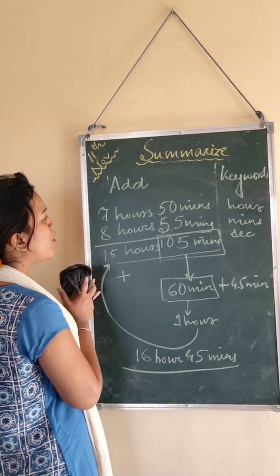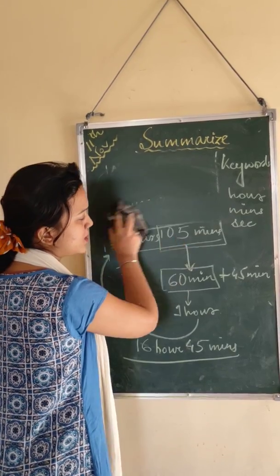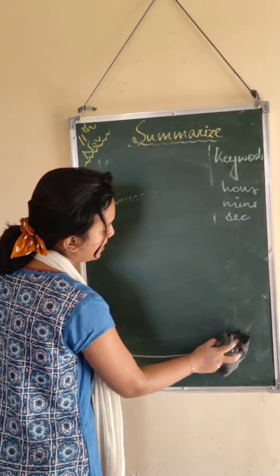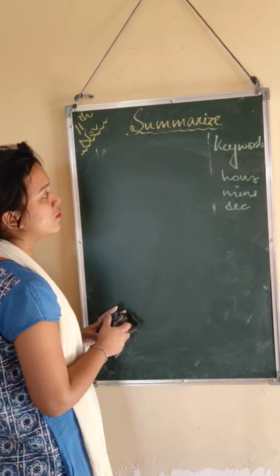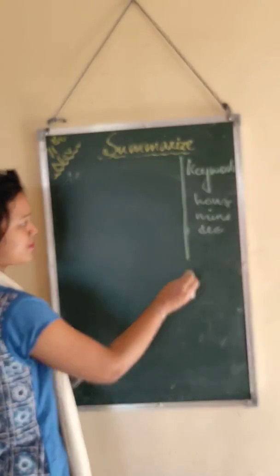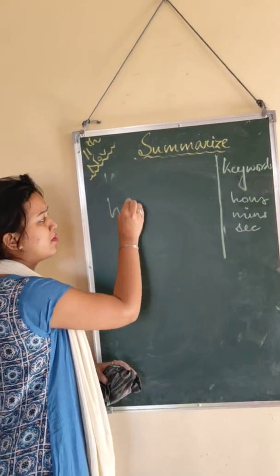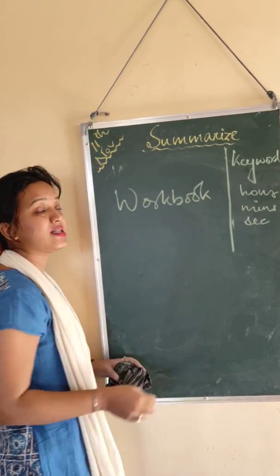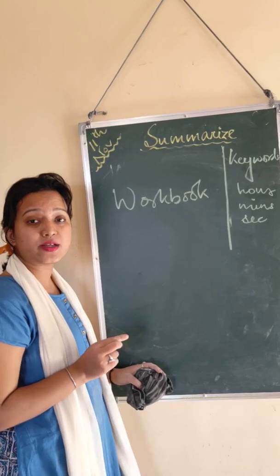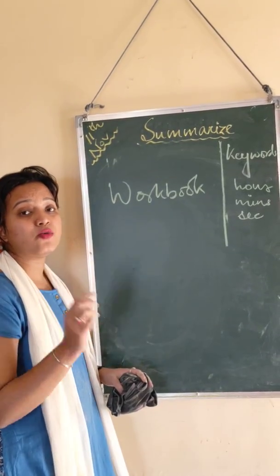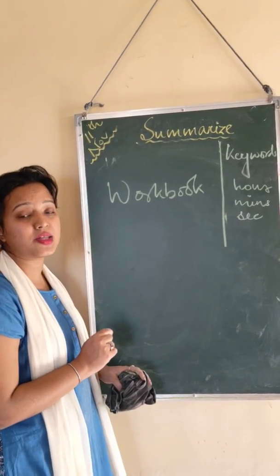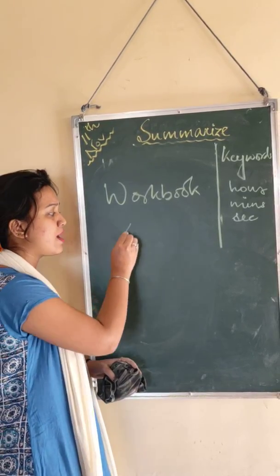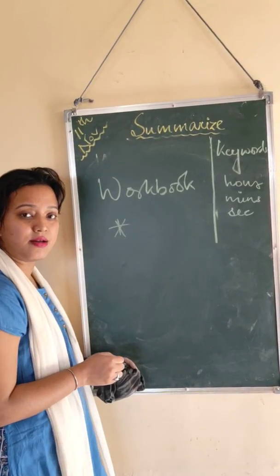So these are the small types of questions that we have gone through in this chapter as of now. Okay. So what you have to do is take out your workbook, and from the starting, whatever topics we have covered till now, you are going to solve all those questions in your workbook. Wherever you have any doubt, just mark the question with a star. Okay?